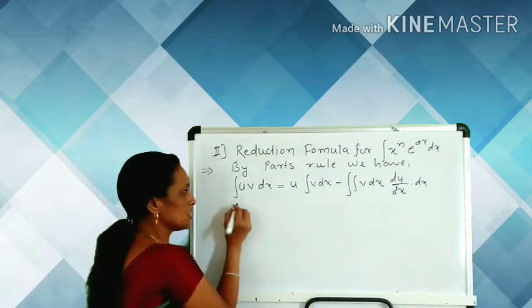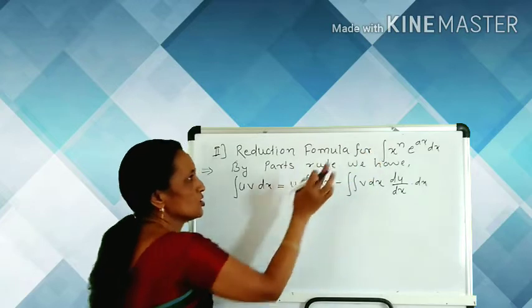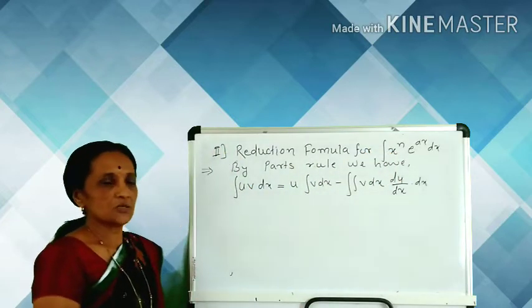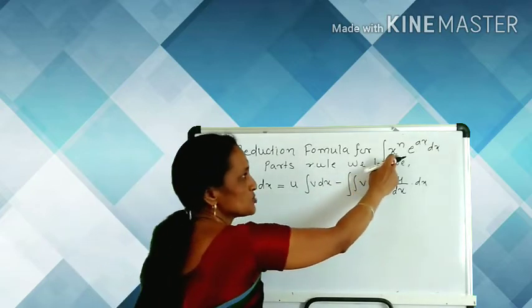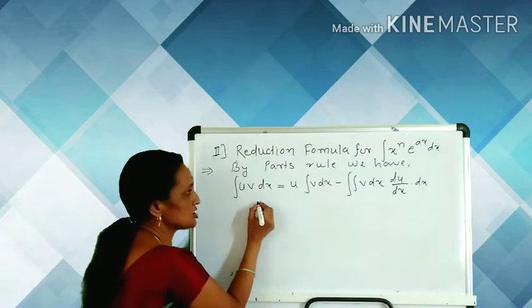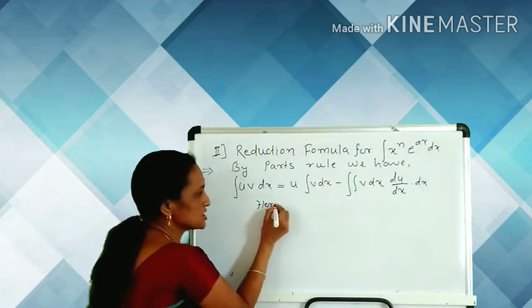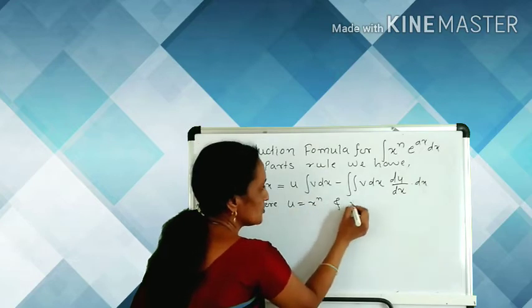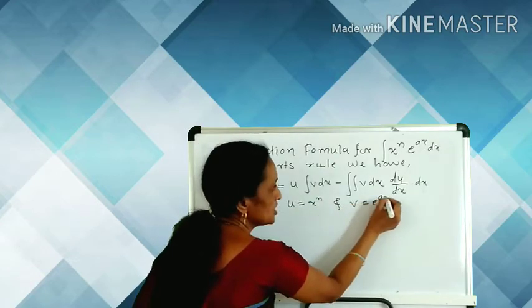Now we choose your first and the second function, and in this formula also there is an algebraic and exponential function. So your choice is here u is the x raised to the n and v is the e raised to the ax.